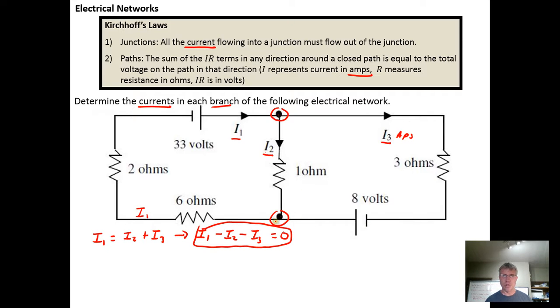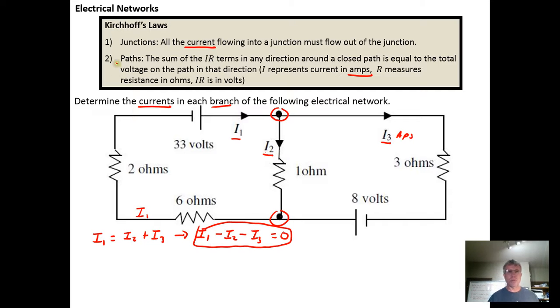So you want to think of the junctions as breaking the diagram up into distinct wires. I have another junction here, but I'll get the same equation from it, because this says I have I sub 2 amps plus I sub 3 amps coming into the junction and I sub 1 amps exiting. So I would get I sub 2 plus I sub 3 equals I sub 1, the same equation I got from the first junction.